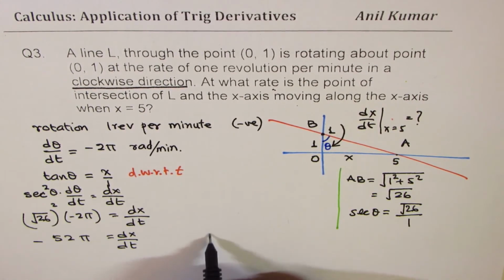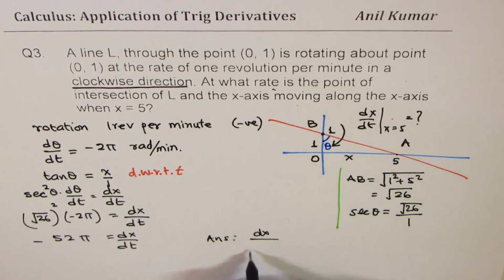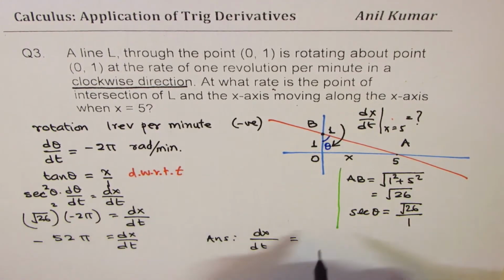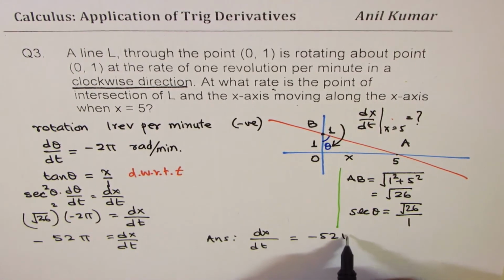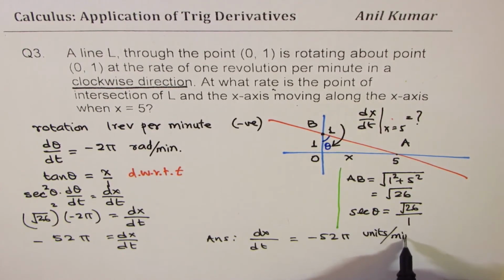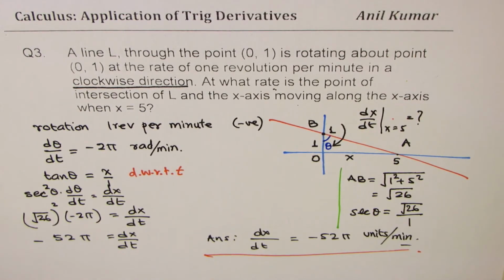So our answer is that the rate of change at this instant is decreasing, since negative means decreasing: minus 52 pi units per minute. Okay, so that is how we solve it. I hope it is absolutely clear. Feel free to write your comments and share your views.